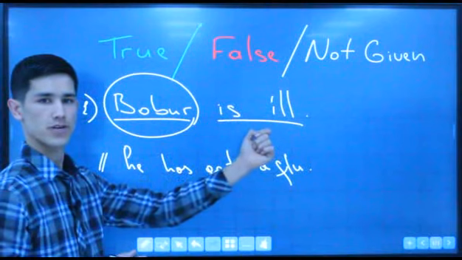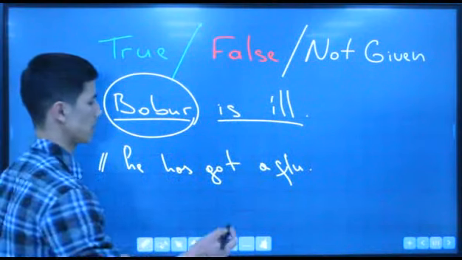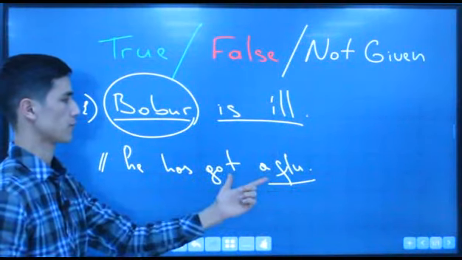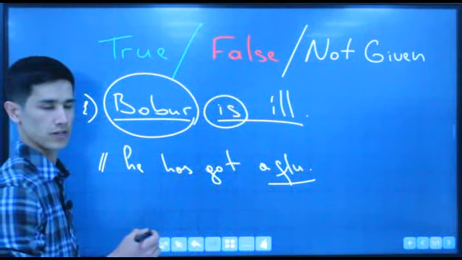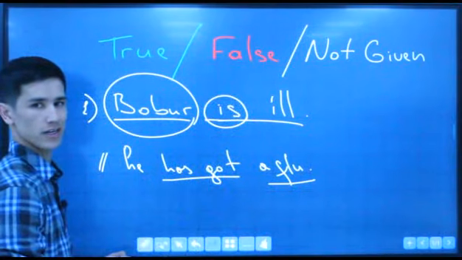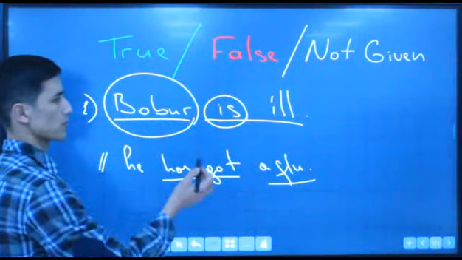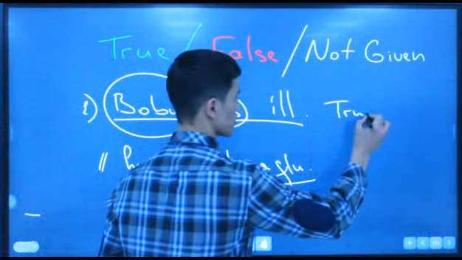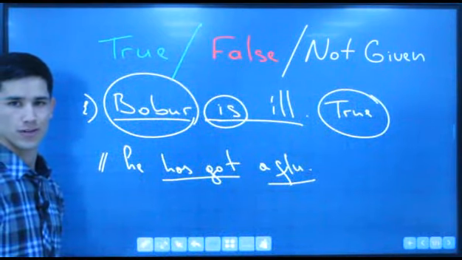Ill is a general word, can be defined in many ways, like a flu, for example. He has got a flu. Even the to be has got its own place in the question. Has got is in the present, and is the present form of to be. So he has got a flu, which means Bobur is ill. So the information matched, then we can choose true.